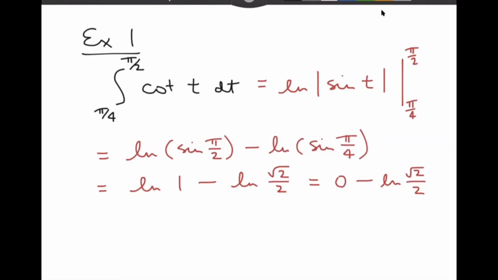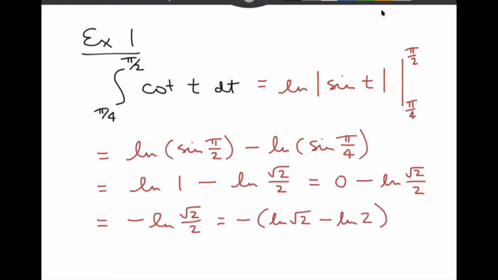But I feel like showing off a little bit, so I'm going to try to pretty up that answer. So we have negative natural log square root of 2 over 2. So by the quotient rule, natural log square root of 2 over 2 is natural log square root of 2 minus natural log 2.